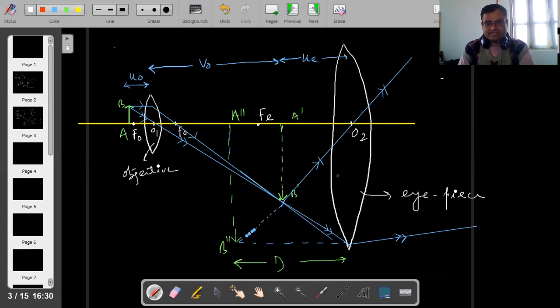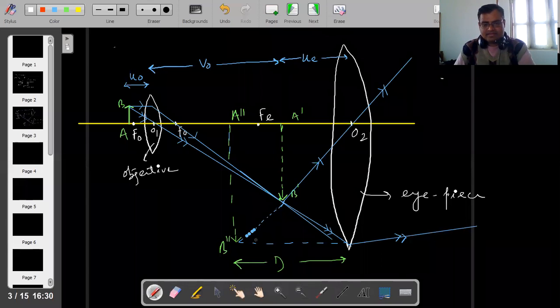Hence its final image A double dash B double dash is obtained at the distance of least distinct vision.